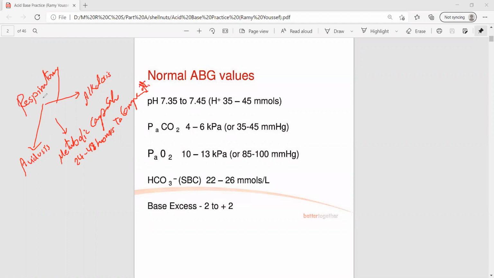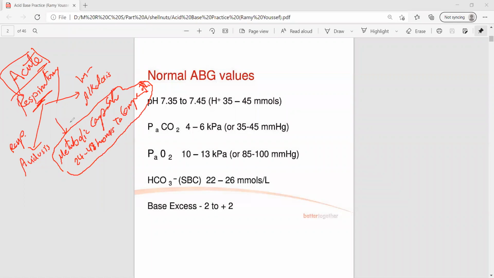If I have a respiratory problem, whether respiratory alkalosis due to hyperventilation or respiratory acidosis due to respiratory depression, if this is acute, put acute in your mind, you will find the metabolic parameter is within normal, because it takes from 1 to 2 days.